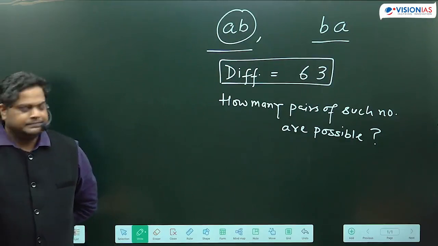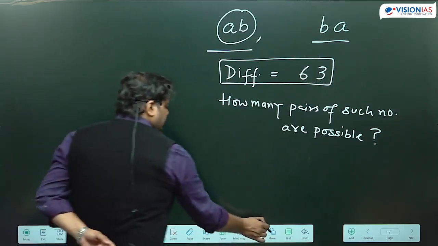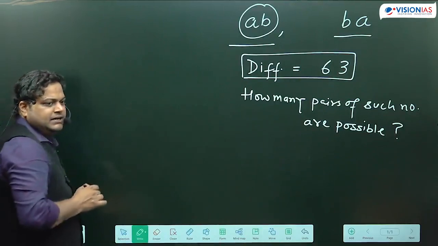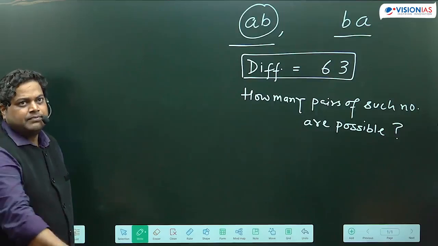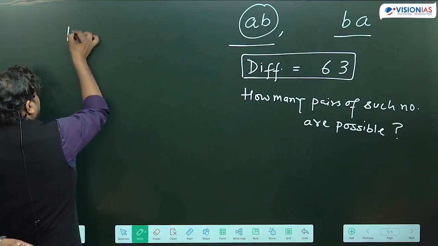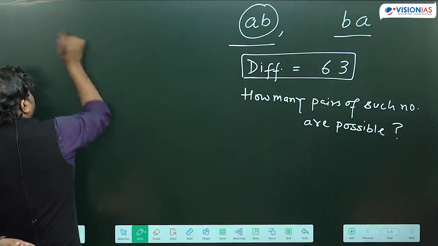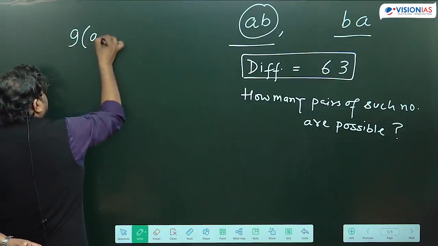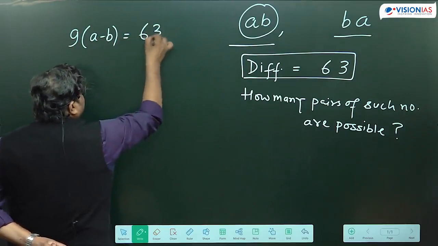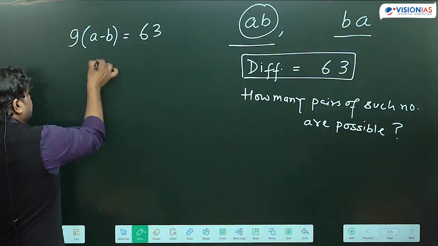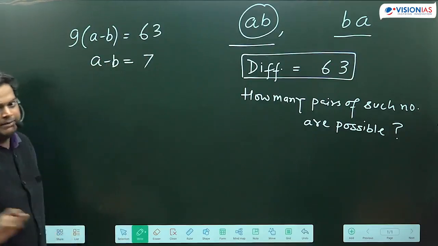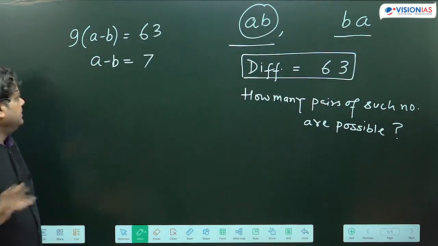Only 2 pairs. So how can we proceed in these kinds of questions? We know how we can calculate the difference. If we take the difference, what was coming? 9(a minus b), and this difference is given here as 63. So the value of a minus b is 7.